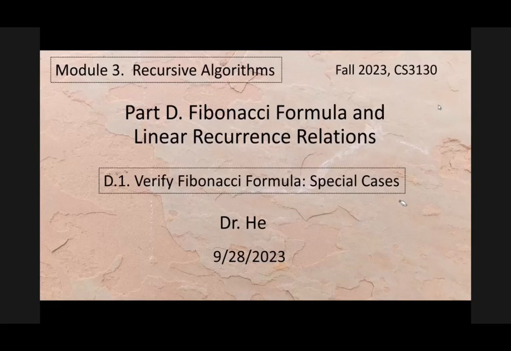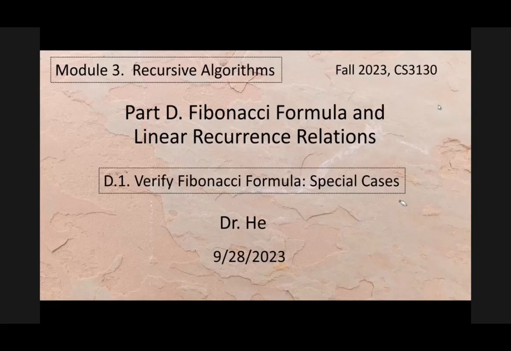But n takes the values 0, 1, 2, 3, infinitely many values. The question is, how can you verify a formula with infinitely many different values? Here, we will answer that question.